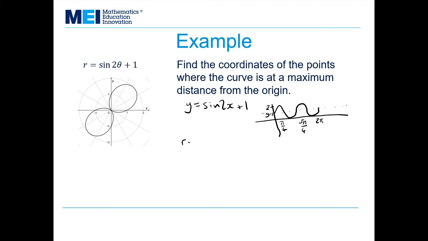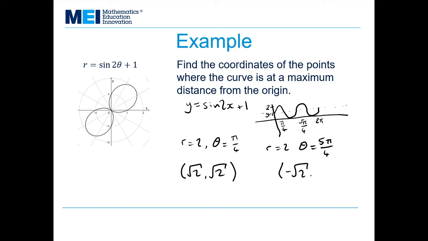We've got that when r equals 2, theta is pi by 4, and the other time when r equals 2 is when theta equals 5 pi by 4, and this is the maximum distance from the origin. In Cartesian coordinates that's going to be x is root 2 and y is root 2, and this one is going to be when x is minus root 2 and y is minus root 2.